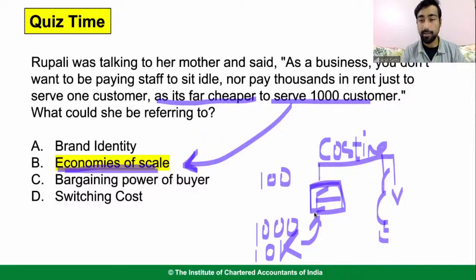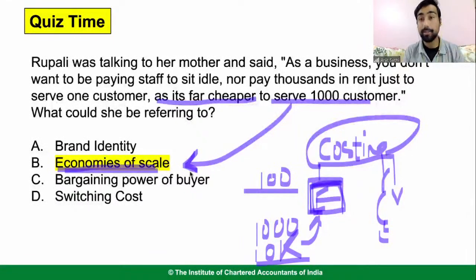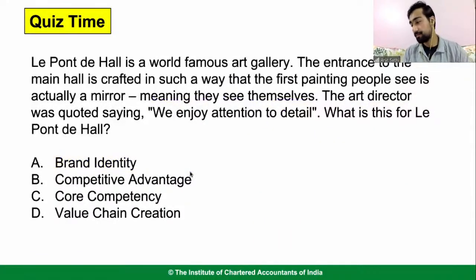You make 100 or 10,000, your fixed cost stays the same. That is why you gain more. Your cost starts decreasing because fixed cost remains the same, right? That is a costing concept, and that is economies of scale. Okay, cool. Next one. Next one on the screen.